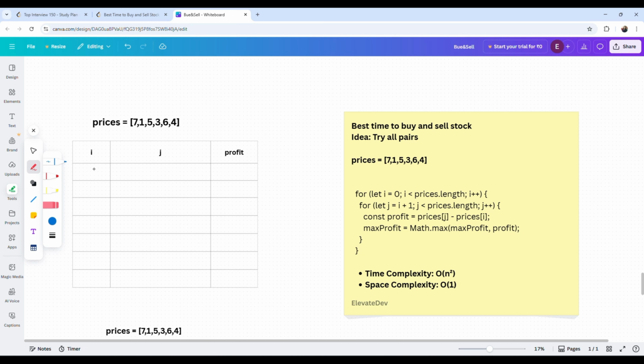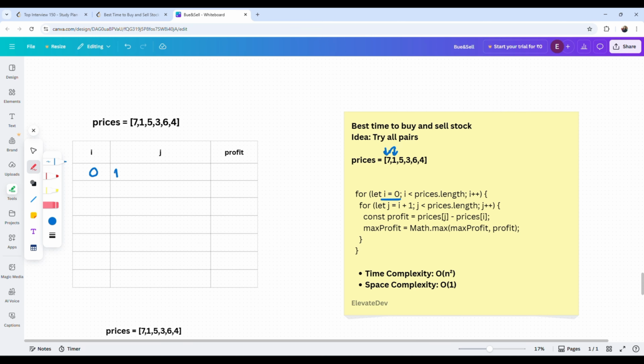It means that, as I said earlier, if you make a buy, then you can sell only on a later day. On the same day you cannot sell. Right now we are at this point, we are making a buy, and we can sell only on some other day. So when the value of i is 0, we go to j. For selling purposes we go ahead and check. So we are checking for the first index.